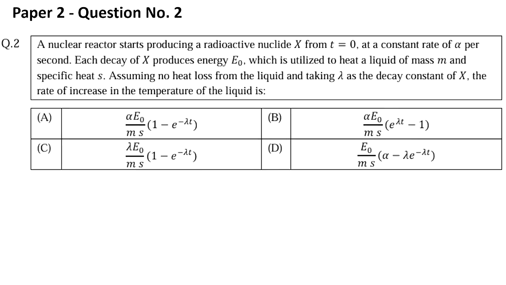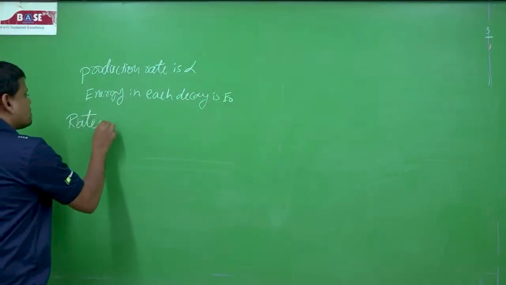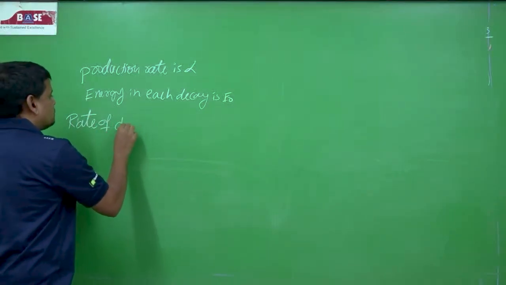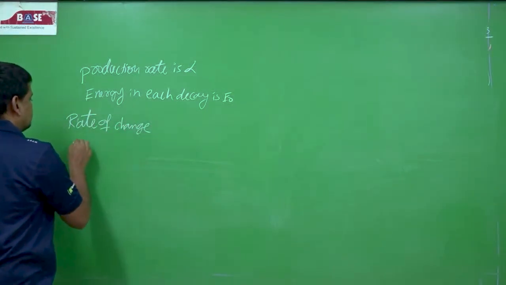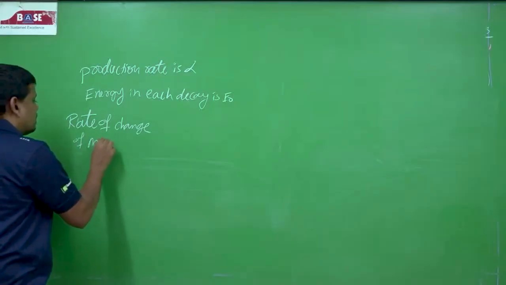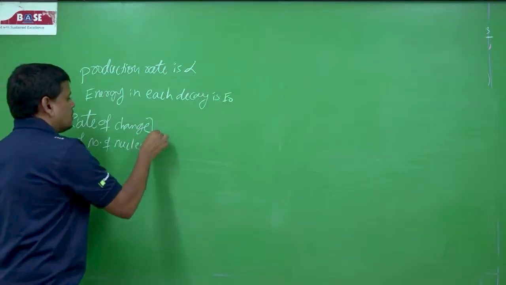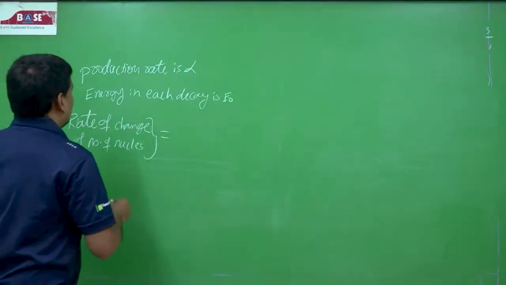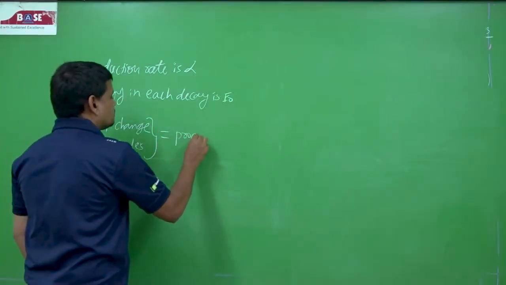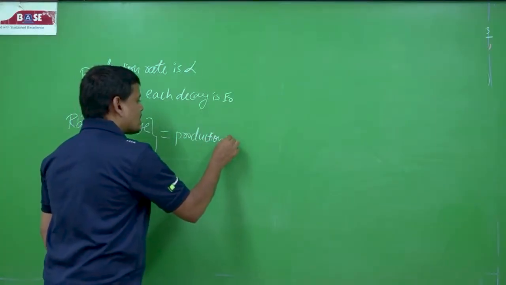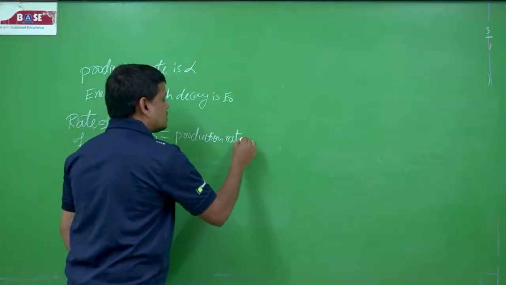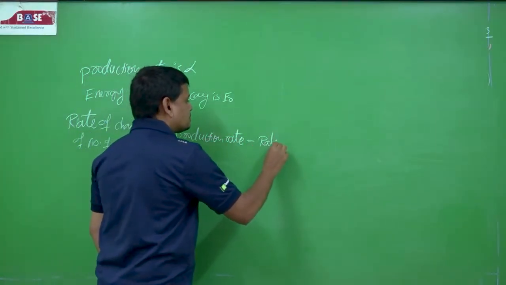First, let us see the rate of change of number of nuclei. We can say that it is the production rate minus the rate of decay.